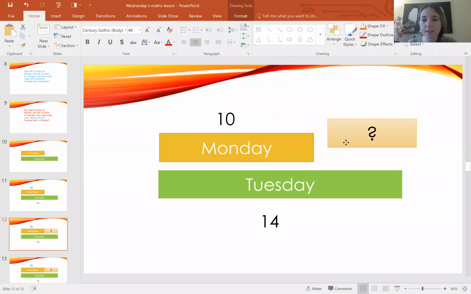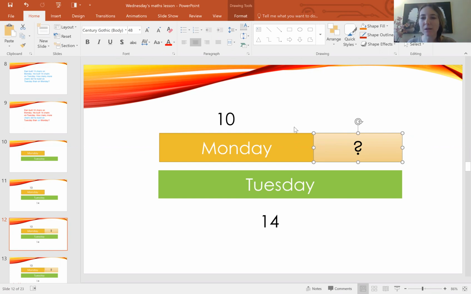If you look at the bar model, you can see that there is a difference between the amount he produced on Monday and the amount on Tuesday. This is the difference.